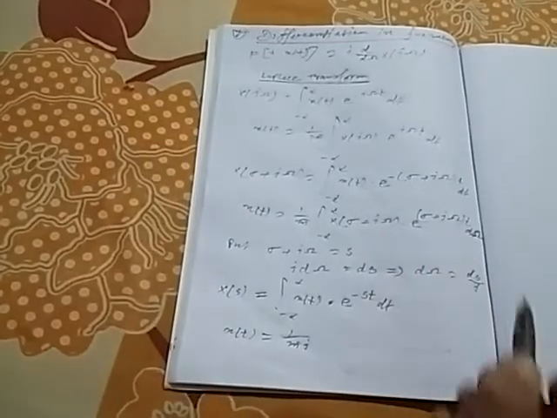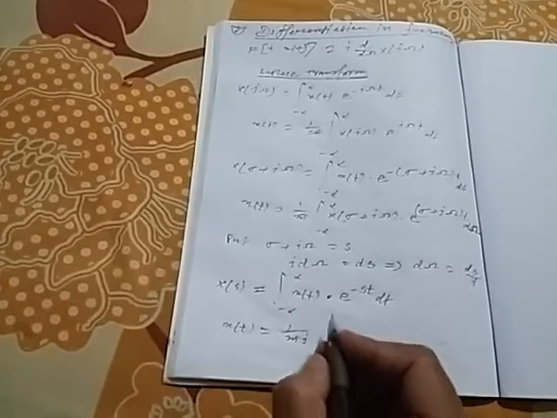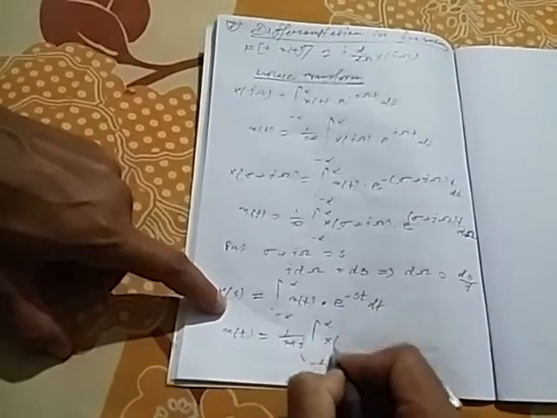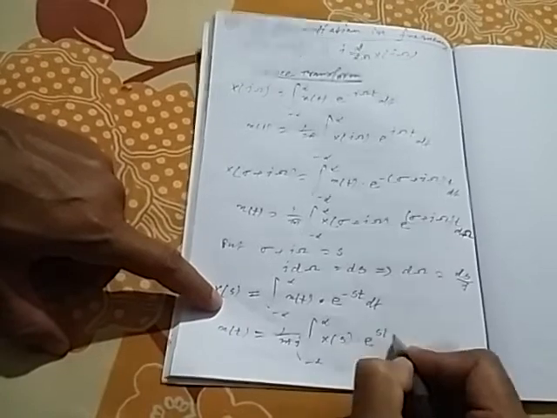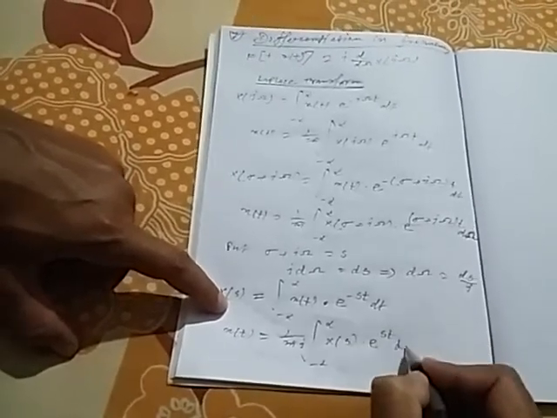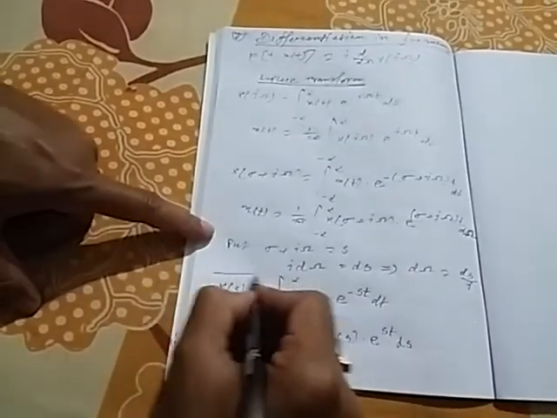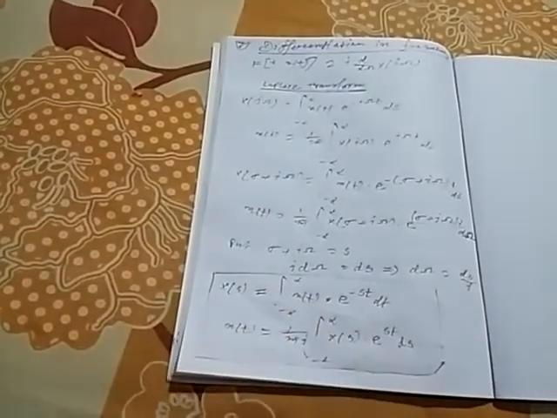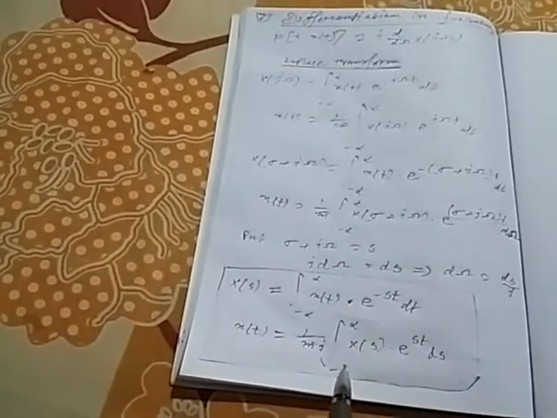Now if we put d omega equal to ds by j, it will be 1 by 2 pi j integration over minus infinity to infinity X of s into e to the power st ds. So this is the formula of Laplace transformation, and this is the inverse formula of Laplace transformation.